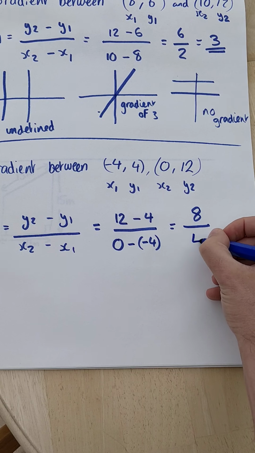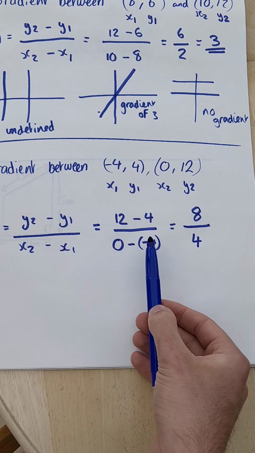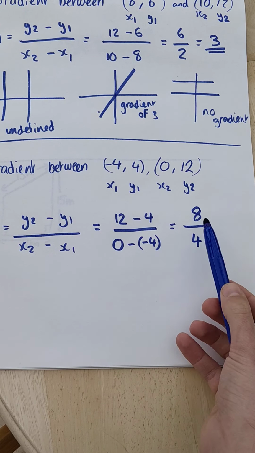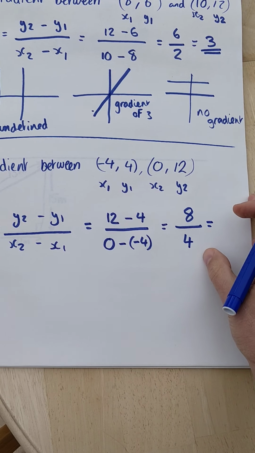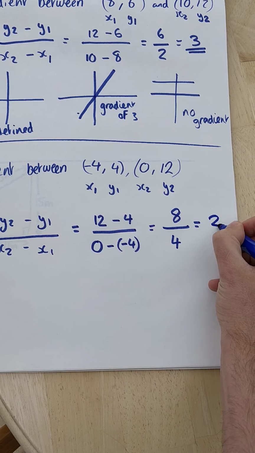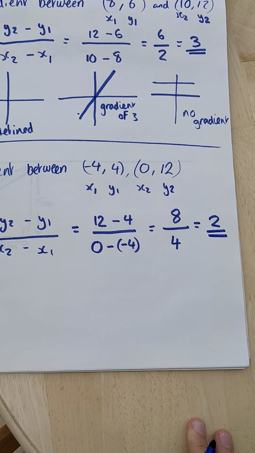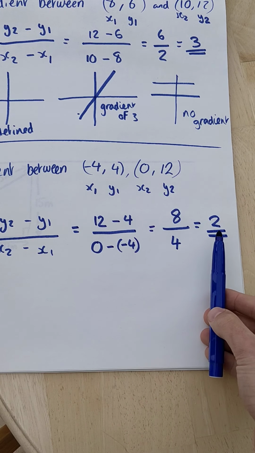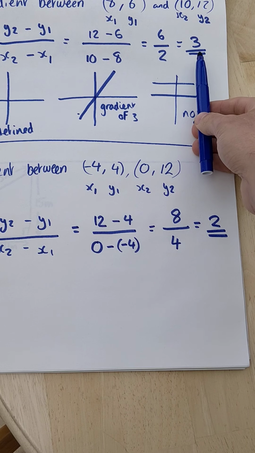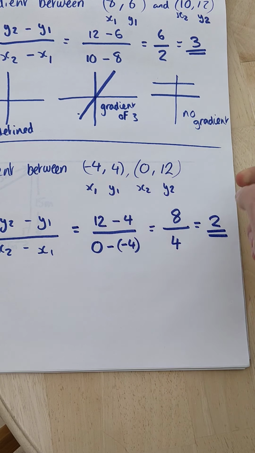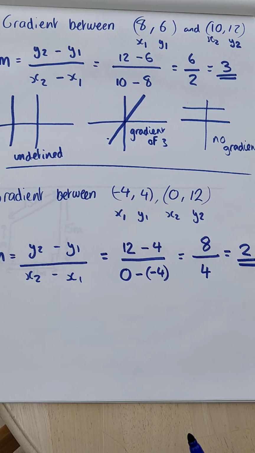So it'll be 8 over 4. And 8 divided by 4 would be a gradient of 2. Now a gradient of 2, it's not as steep as a gradient of 3 that we had before. Okay, so there you go. Hopefully that would help if you are ever stuck at all.